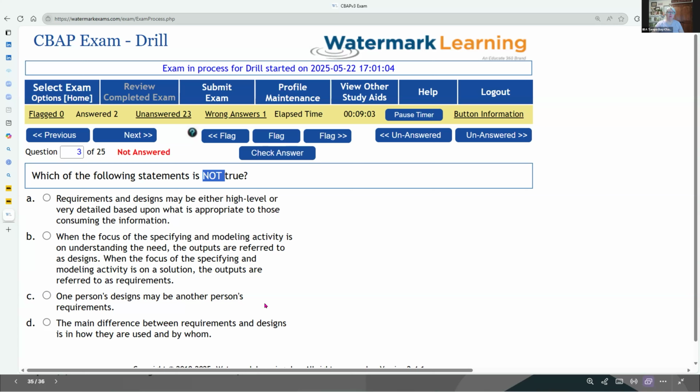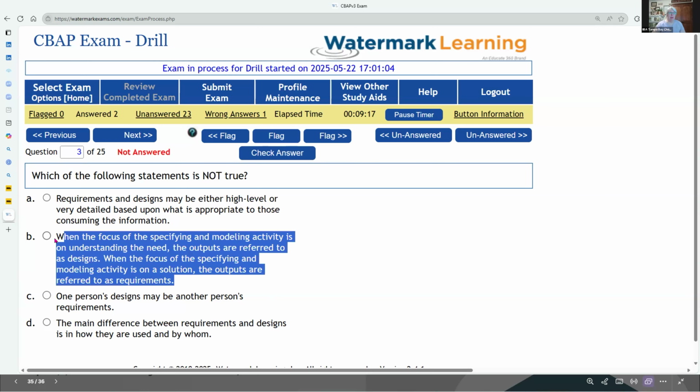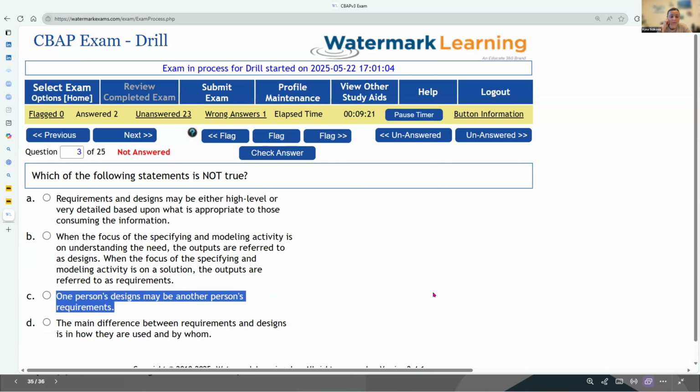One person's designs may be another person's requirements. Or the main difference between requirements and designs is how they are used and by whom. First, let's eliminate one of these. What do you think? C, eliminate. Yes. Eliminate that because it's true. Okay. See that one? It's true. Mm-hmm. This one is true. Okay.